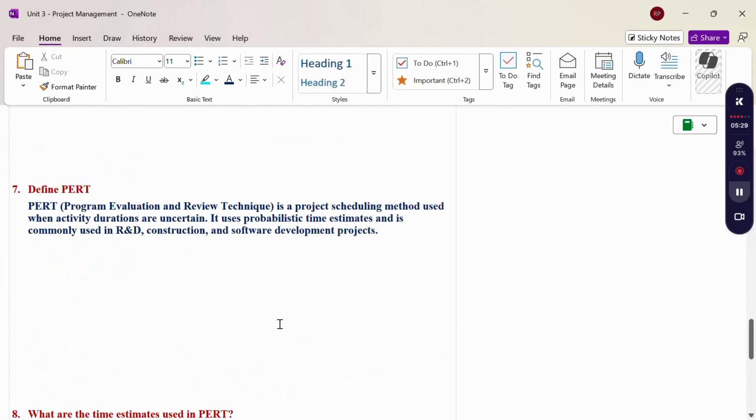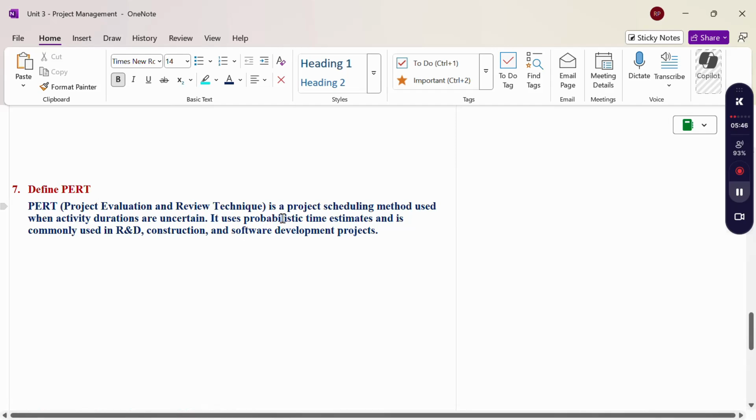So define PERT. PERT is nothing but Project Evaluation and Review Technique. It is a project scheduling method used when the activity durations are uncertain.